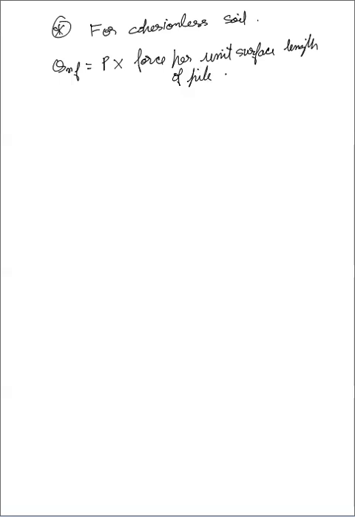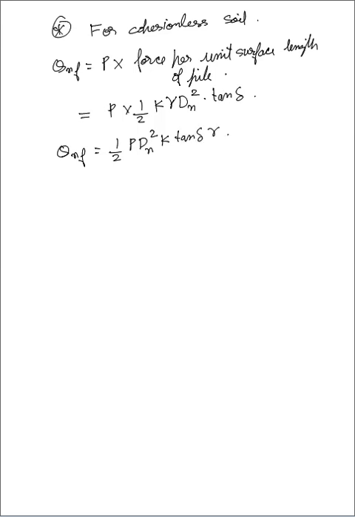So the formula is P multiplied by half K gamma dn square tan delta. Ultimately QNF is equal to half P dn square K tan delta into gamma. See here, the friction force is equal to mu into H. Gamma is equal to unit weight of soil.